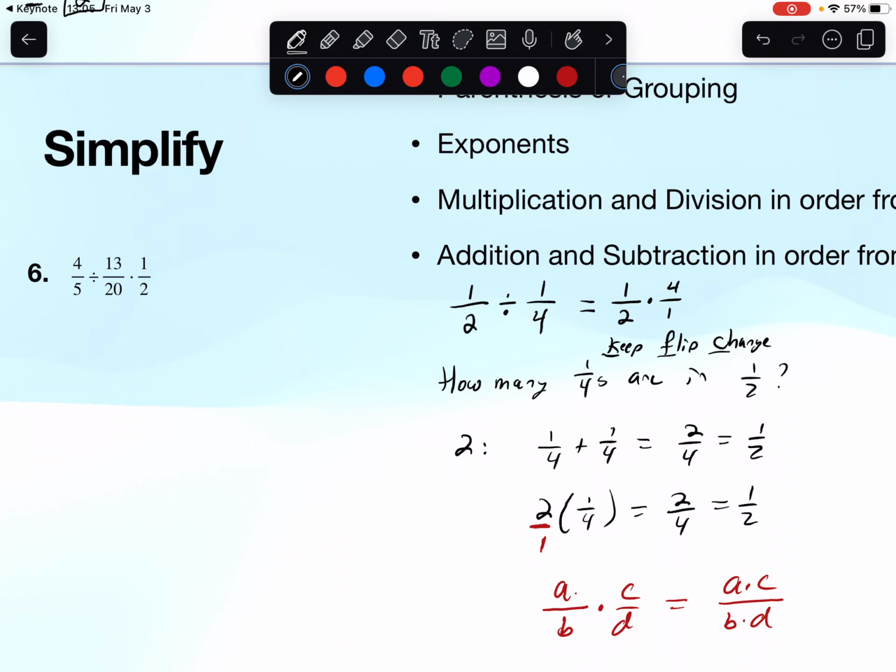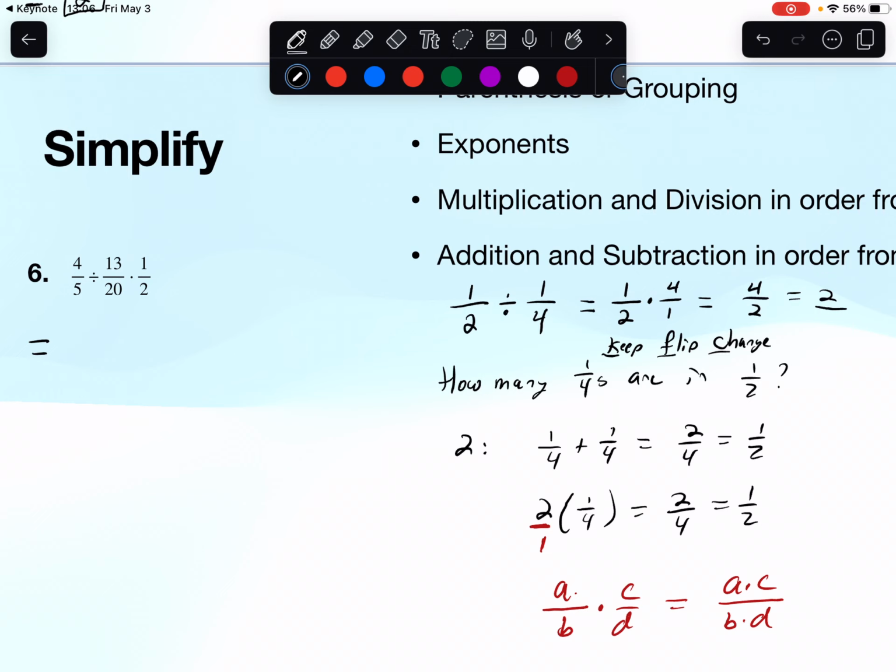So you keep the first fraction, you flip the second fraction, then you change the operation into multiplication. So then this gives us 4 over 2, which is 2. And so there are 2/4 in a half, or 2 quarters make 50 cents would be another way of doing that ratio there. Those ratios of 1/2 and 1/4.